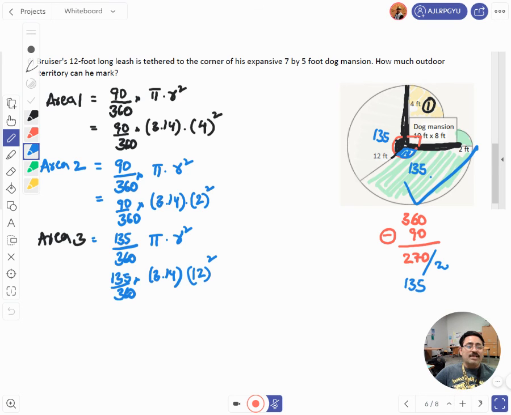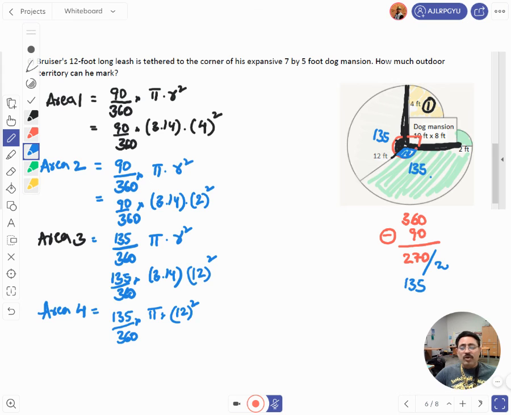Now coming to the last part, that is area of fourth piece. Let me write that area 4. The central angle is the same, so we are going to repeat the same. Or else, if you are smart, you can multiply by 2. Or you may write central angle over 360 times pi times radius, the same radius, 12 square.